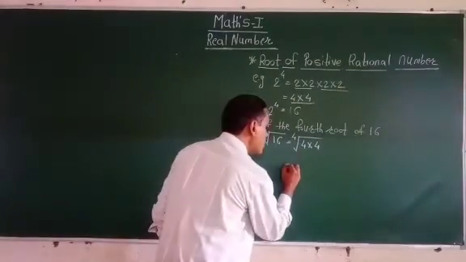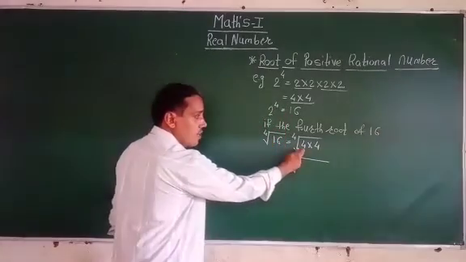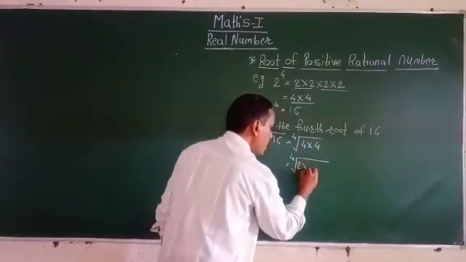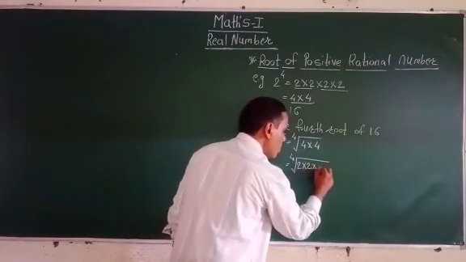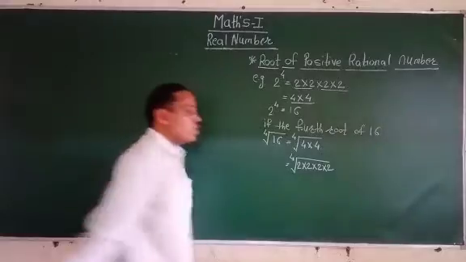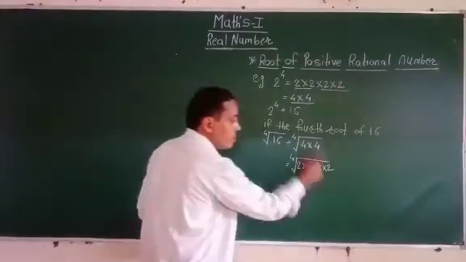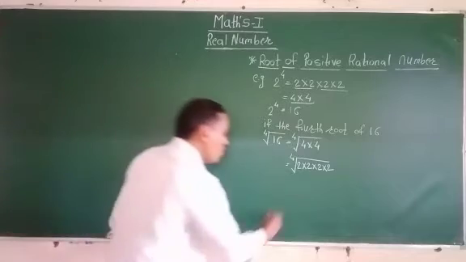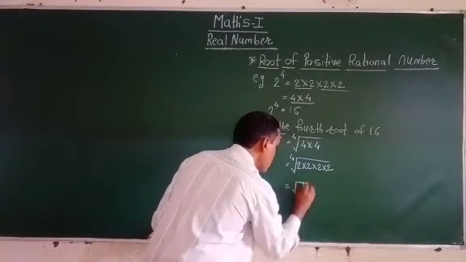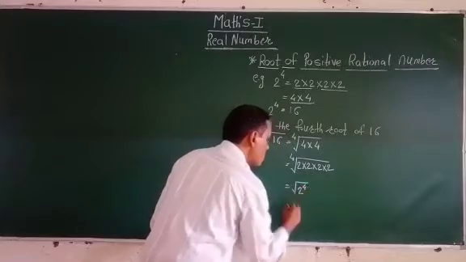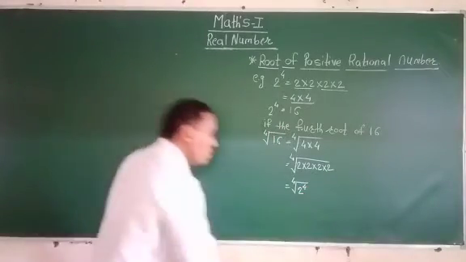Again we can factorize that 4, so we get 2 into 2, and the other 4 also gives 2 into 2. That means we get the fourth-time product of 2, which we can write as 2 raised to 4 under the radical sign of order 4.